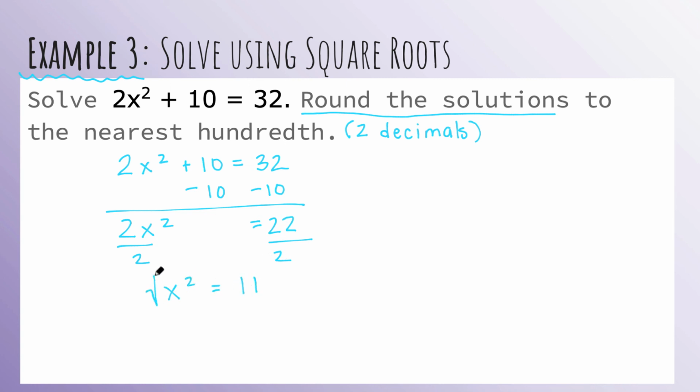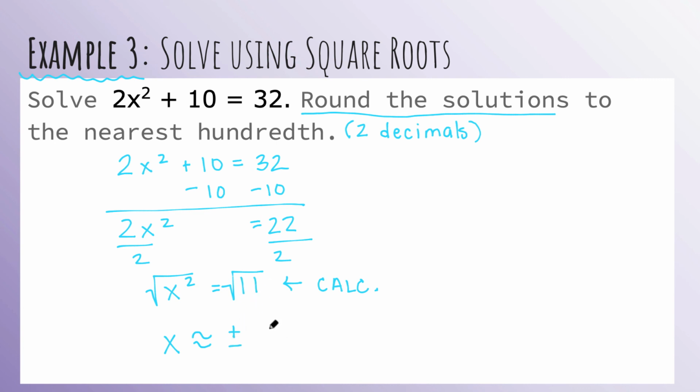To solve this, we're taking the square root on both sides. Remember, the radicand is positive here, so we're going to end up with a plus or minus solution. 11 is not a perfect square, so you're going to need to go to your calculator for this one, or you could use your online calculator. We're approximating the solution. This is not an exact answer, and we're going to have plus or minus because this is a positive value.